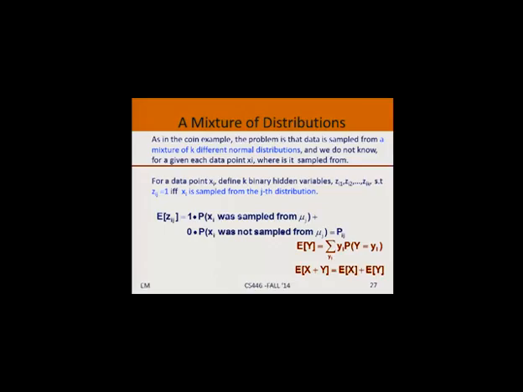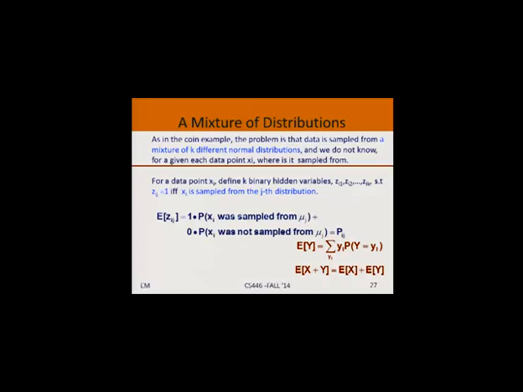I'm going to introduce the notation Z1i up to Z1k. So Zij is a Boolean random variable that is 1 if xi came from the jth distribution. Very simple. The reason I'm doing it is the same reason we introduced these kinds of variables in the naive Bayes case.